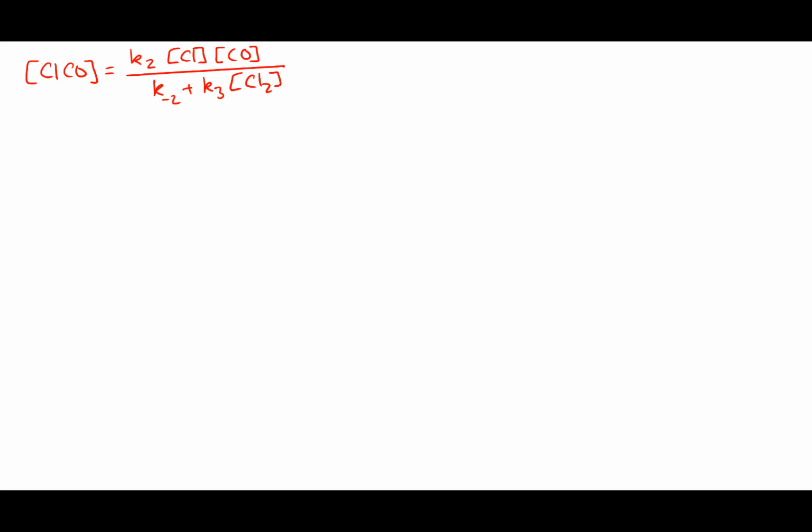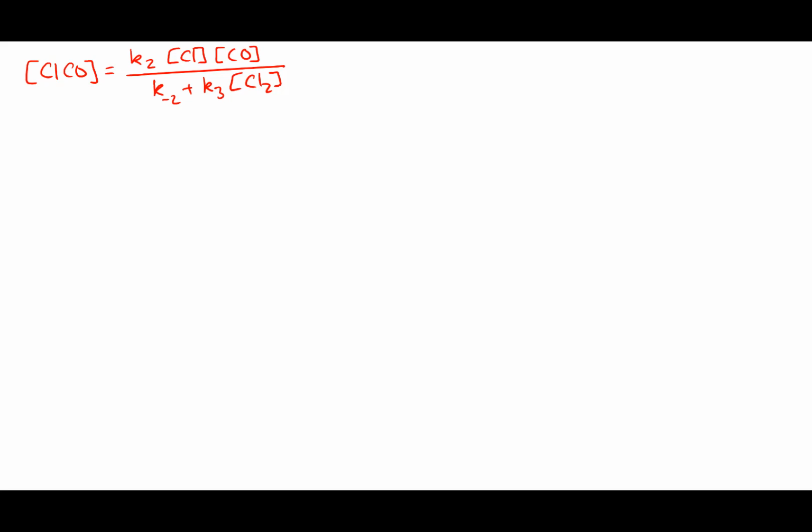Now, from step 1, one thing that we know is that we're in a fast equilibrium. And so that means that the rate of the reaction in one direction is going to be equal to the rate of the reaction in the other direction.